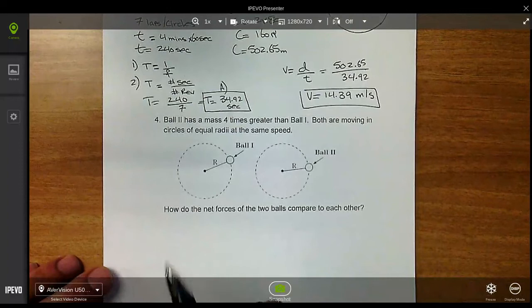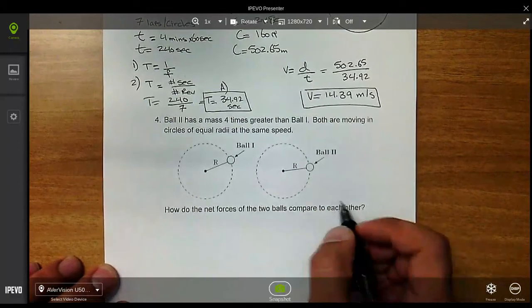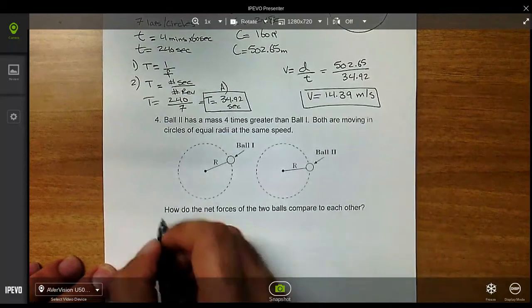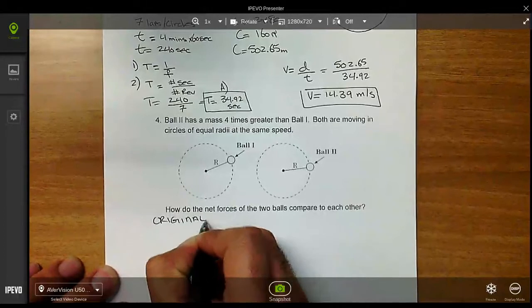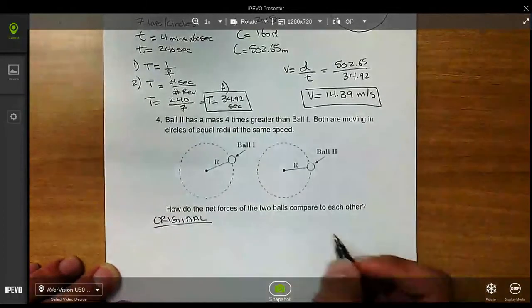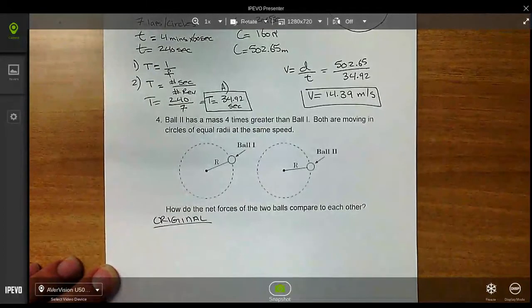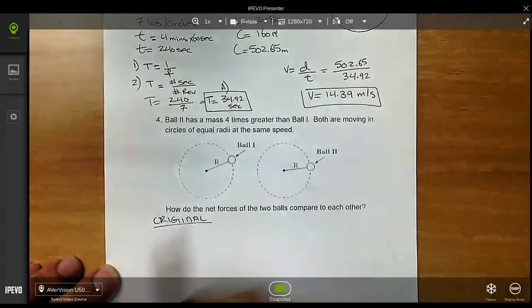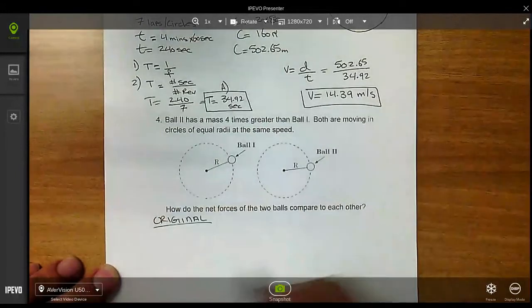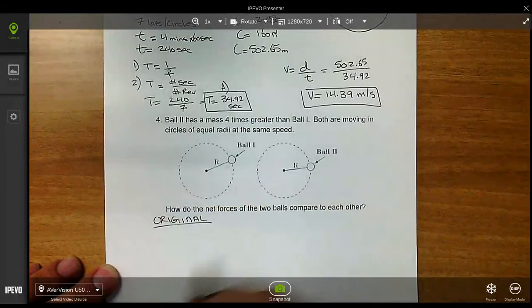Before we do that, we need to find what they are. Since this is a logic problem, remember that I said everything that we do for the original should be set to 1. So we've got mass and we have radius, and they're traveling at the same speed. All of these fall into our centripetal force equation.